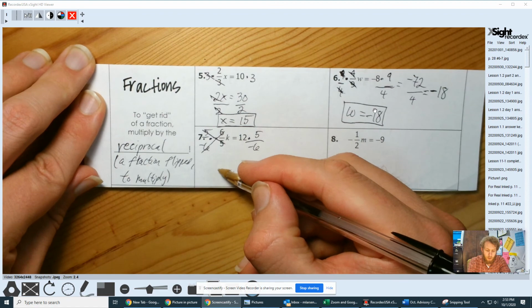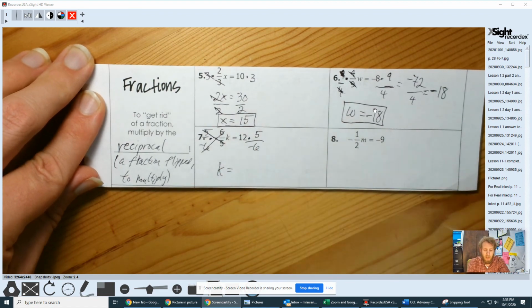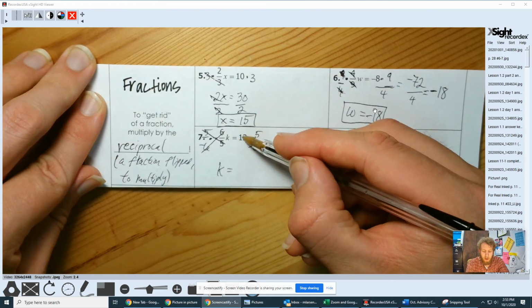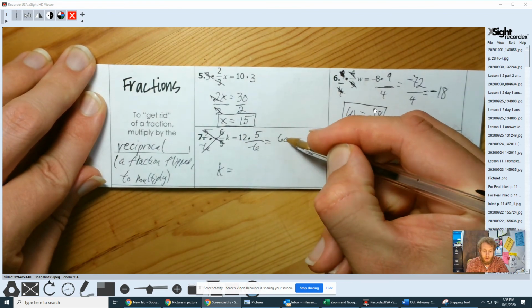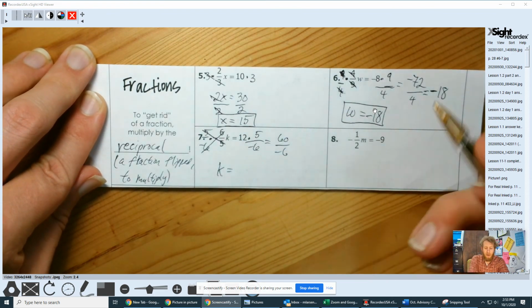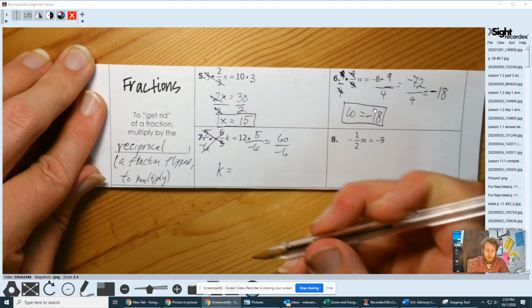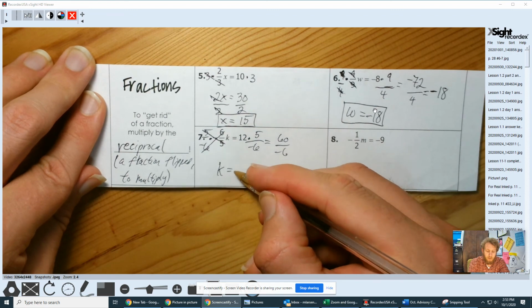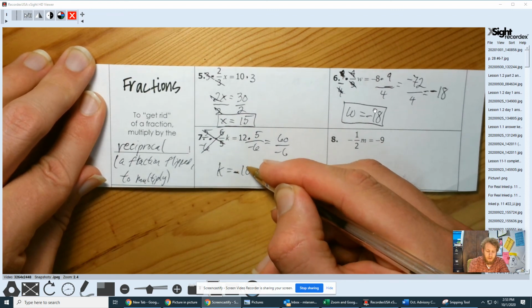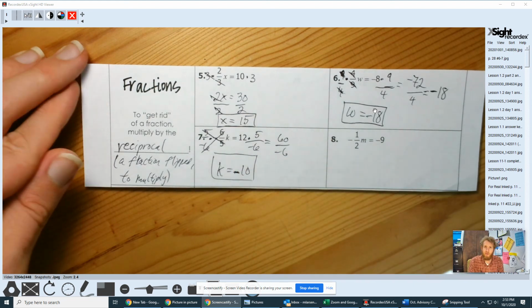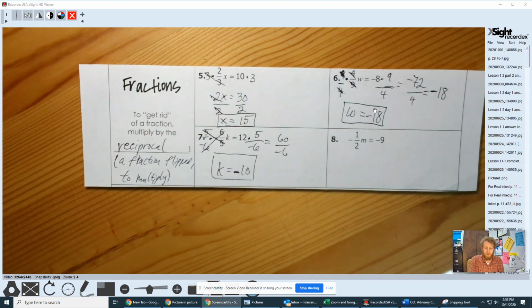The only thing left over is the variable. 12 multiplied by 5 is 60, and that's not too tough. 60 divided by -6 will leave me with -10. You can see how that works very nicely for us. We can just lay it right in and work with it.